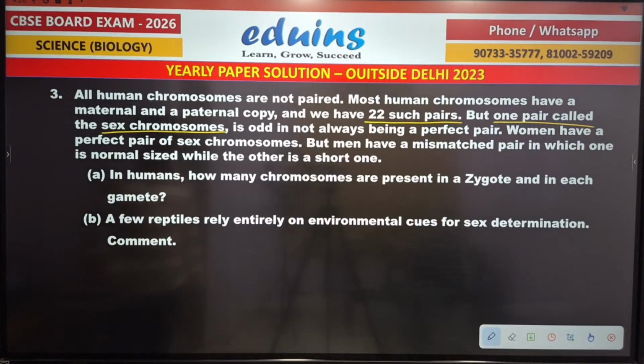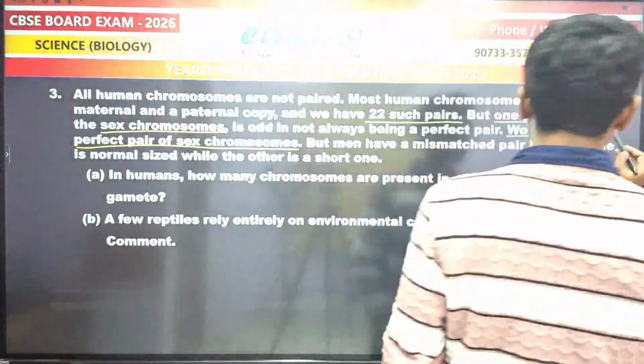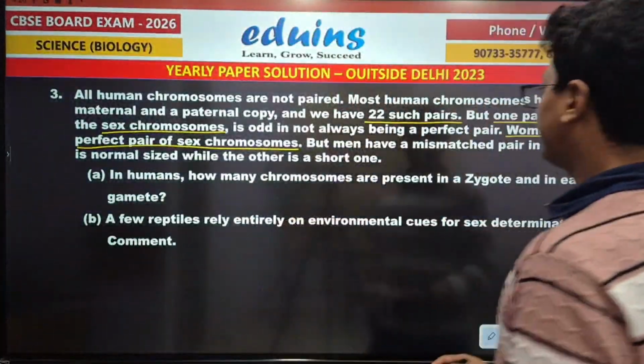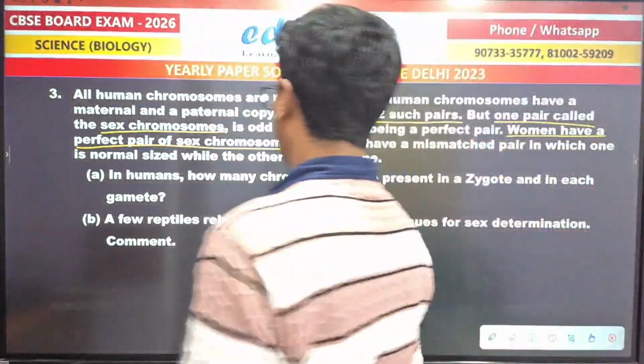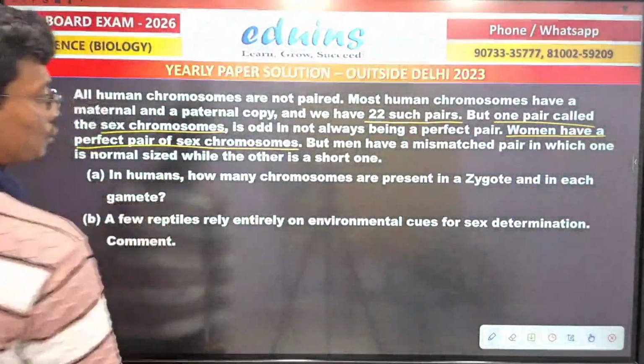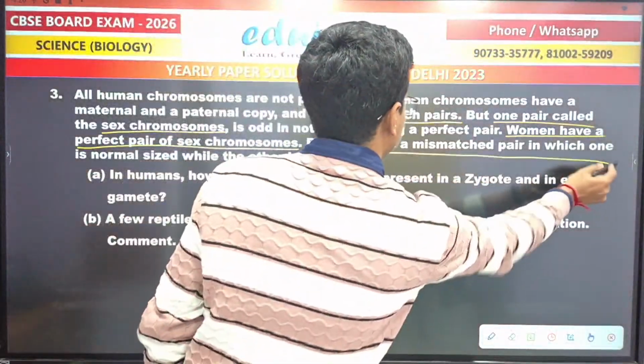Women have a perfect pair of sex chromosomes, but men have a mismatched pair in which one is normal size while the other is a short one.